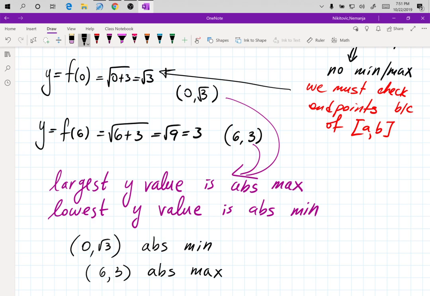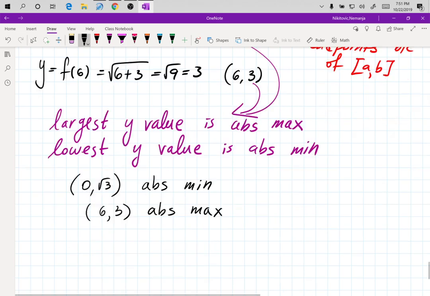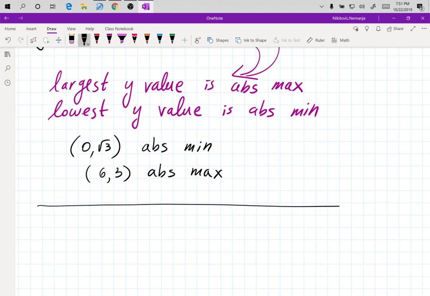Do they have to occur at endpoints? No. I can have other configurations. So every problem is different. You cannot memorize anything other than procedure.